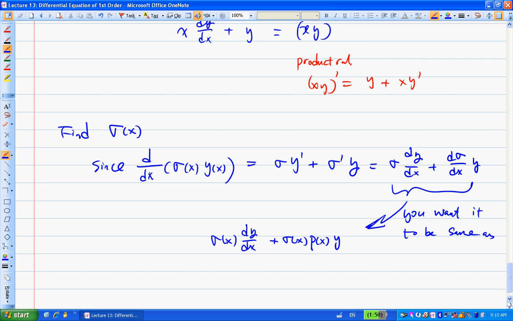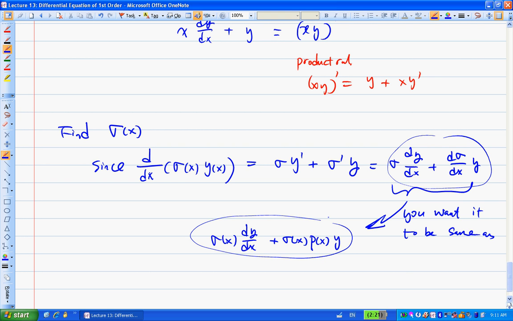So you want this to be the same as this. In other words, you want this to be the same as this, because this is from the product rule. So let's compare these two terms.